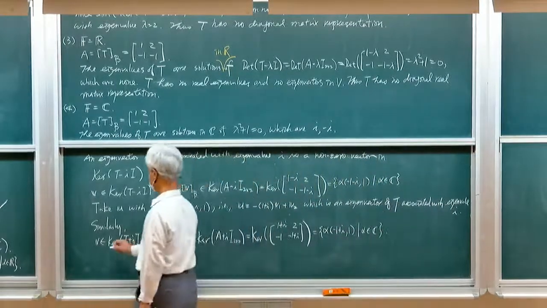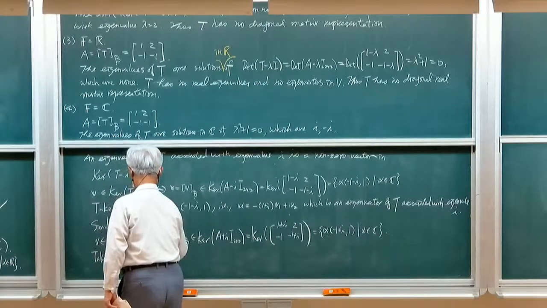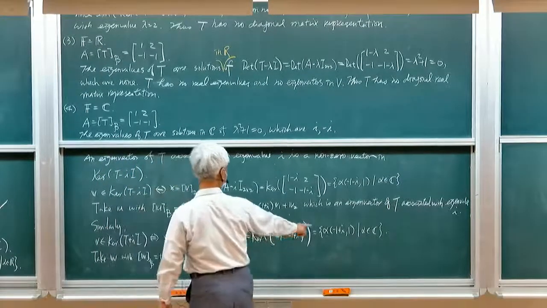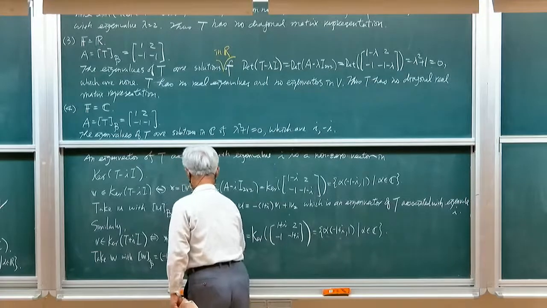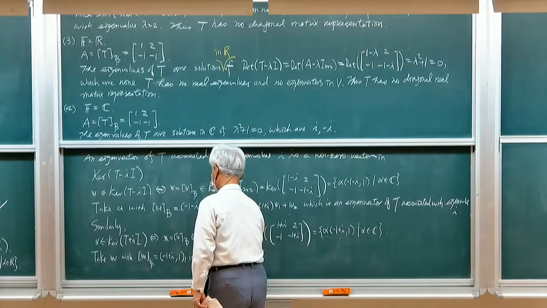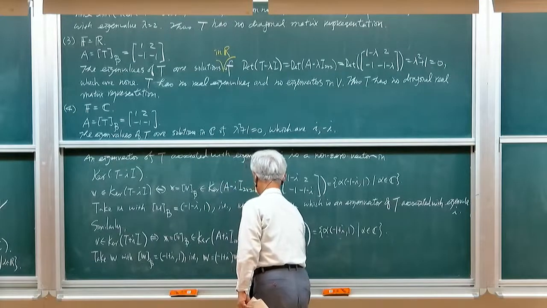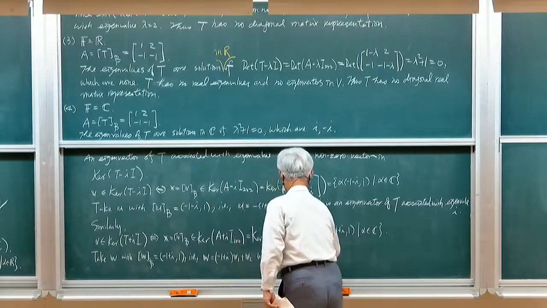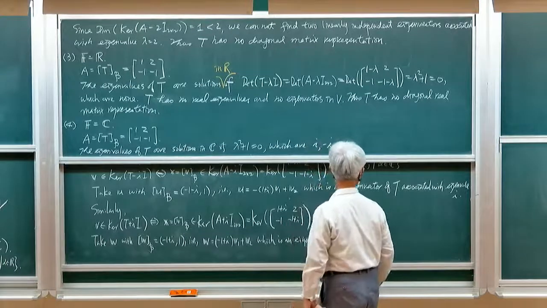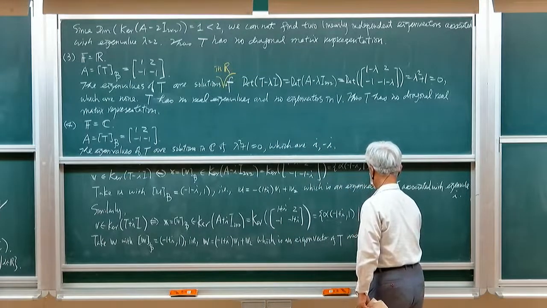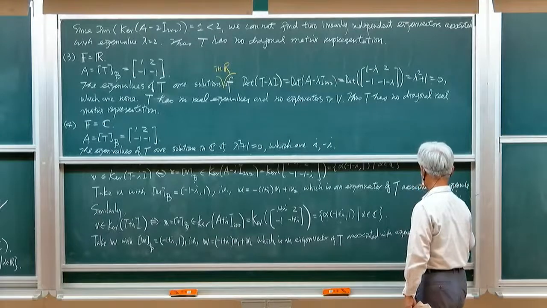So we take W with the B coordinate to be minus 1 plus i and 1, i.e. W equals minus 1 plus i V1 plus V2, which is an eigenvector of T associated with eigenvalue minus i.